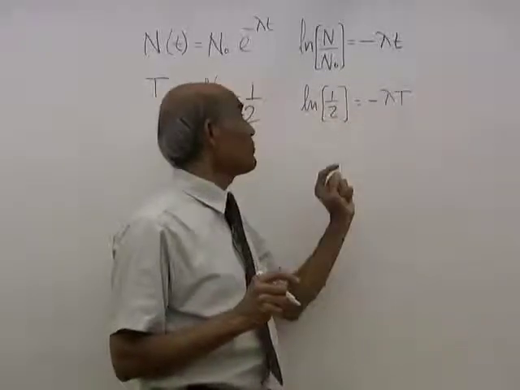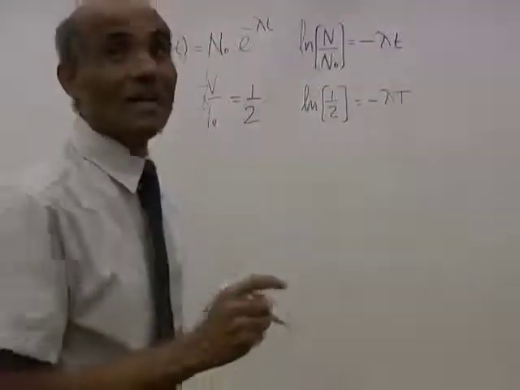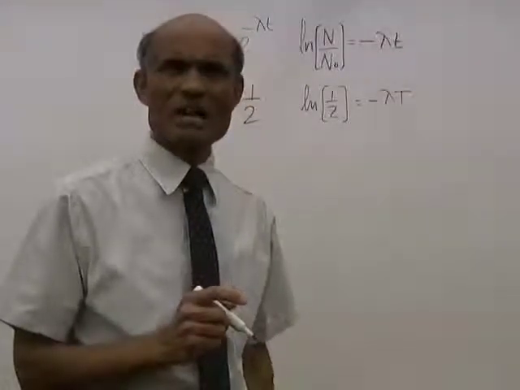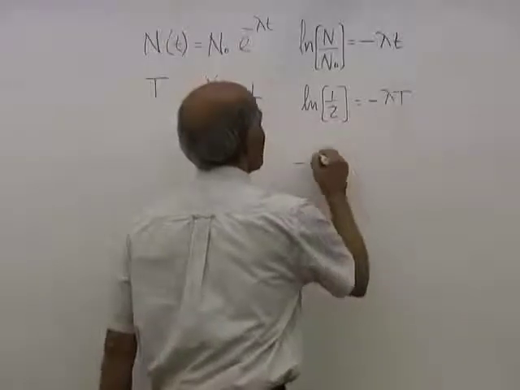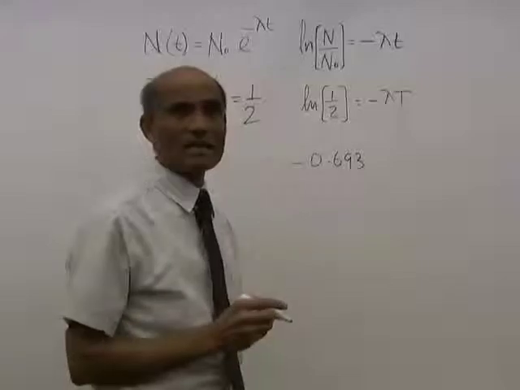So we have ln 1/2 equal to negative lambda t. And ln 1/2 is what? What is ln 1/2? Isn't it negative 0.693? Check your calculator.